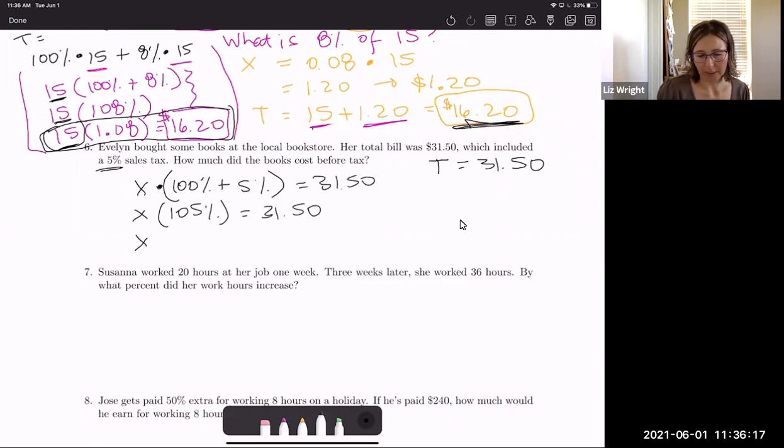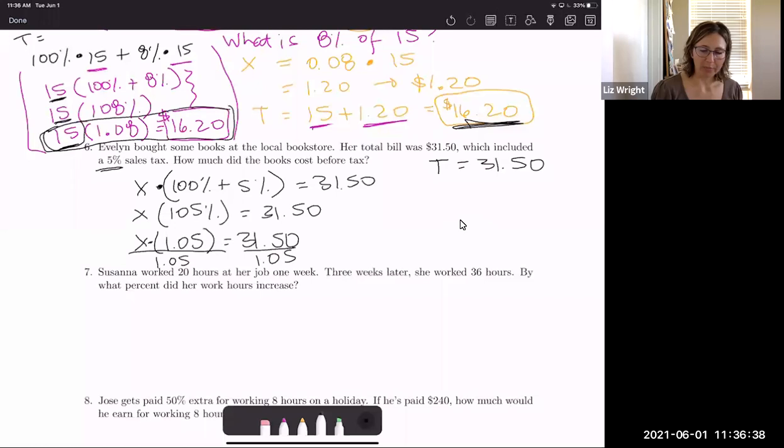And we're going to change this now into decimal form, which is 1.05 equals $31.50. Now you're ready to divide. We're solving for X, right? Well, how do we solve for X? Well, X is being multiplied by 1.05. Divide both sides by 1.05.